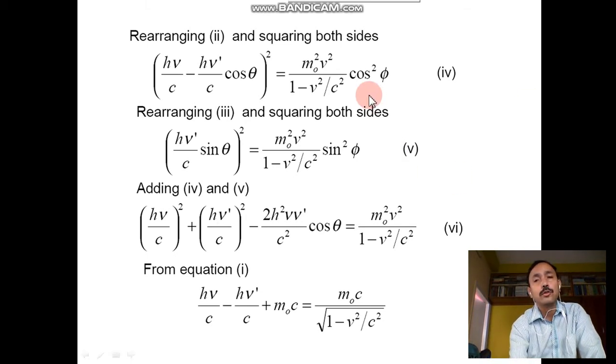So adding these two equations, equation 4 and 5, we can write (h nu by c) whole square plus (h nu dash by c) whole square minus 2h square nu nu dash by c square cos theta is equal to m naught square v square by 1 minus v square by c square.